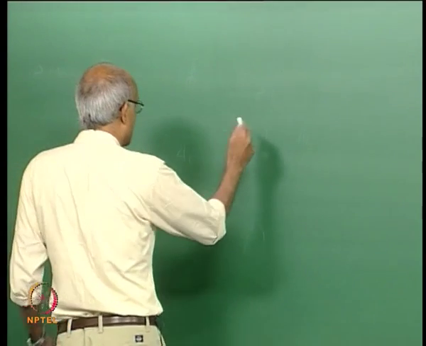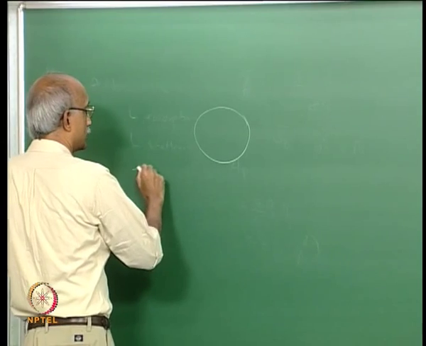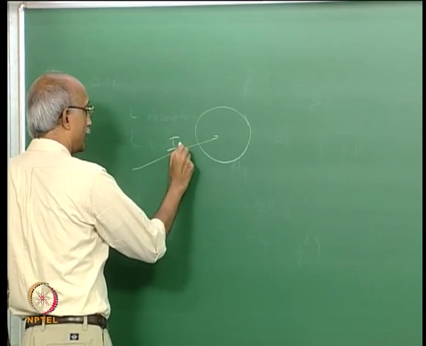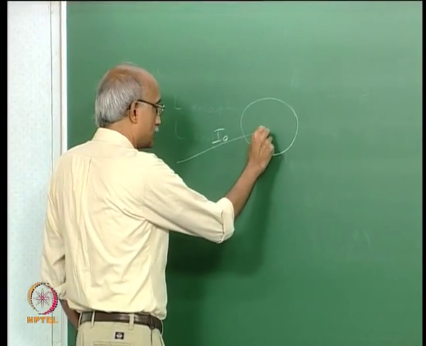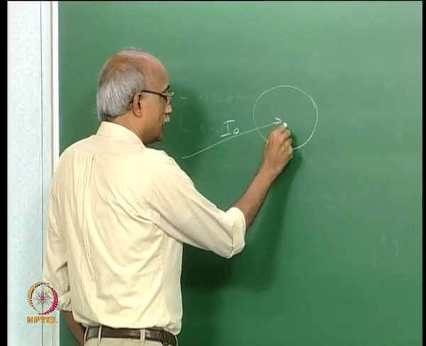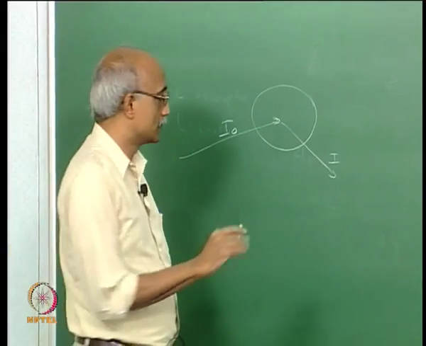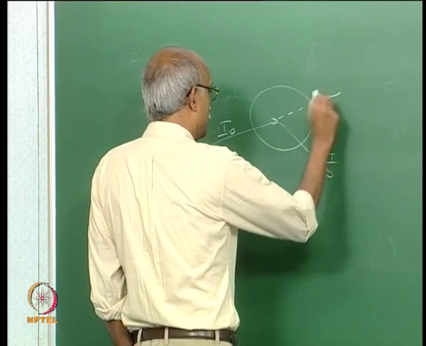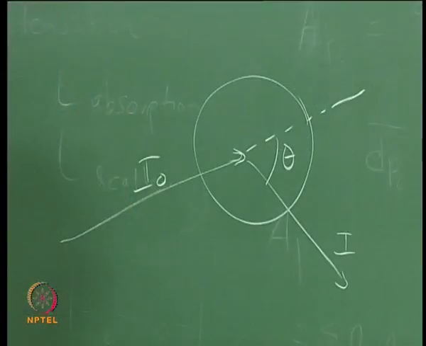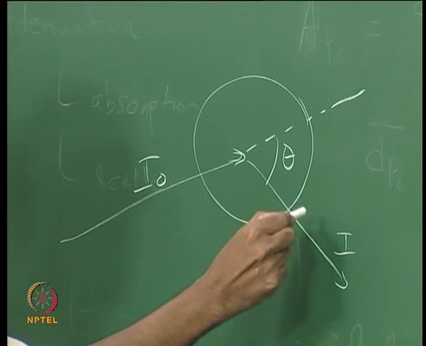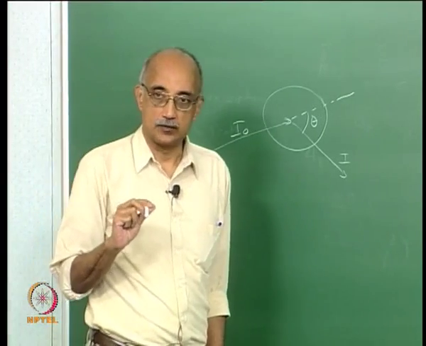So, if you look at a spherical particle and a light beam that is incident at some intensity I0, it is going to get scattered at some intensity I. Now, the angle of scattering is measured in this fashion, and the angle is a very important parameter in scattering intensity.